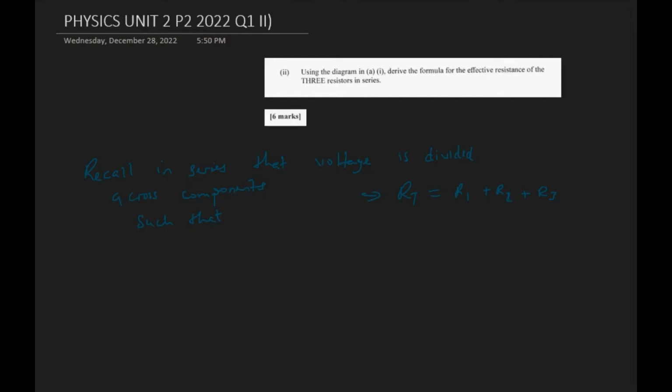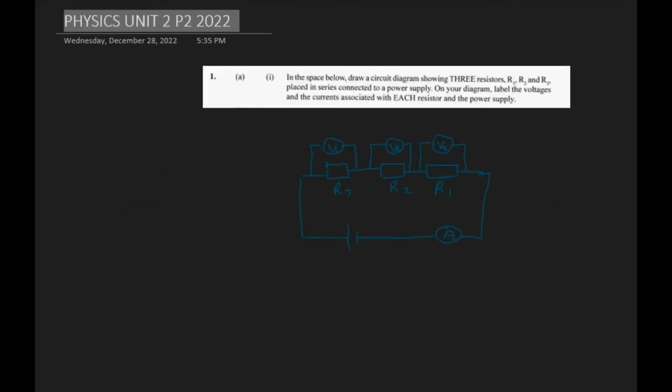What that simply means is that whatever total voltage is provided by the battery or the power source, that voltage will be divided among each of the resistors. If we go back a bit here, you can see that each of these resistors will have a particular voltage based on the value of the resistance.